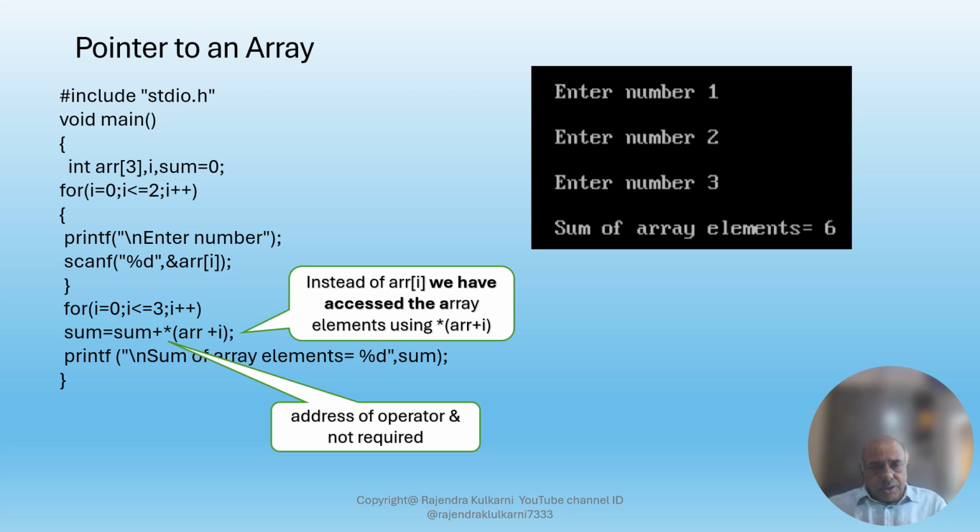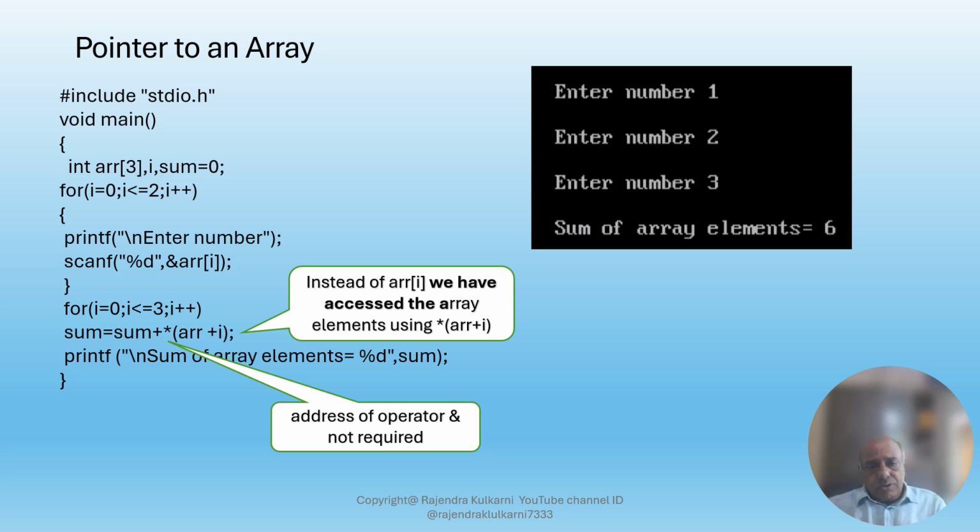Then when i is 1 in the next iteration of the loop, arr is the starting address, it remains the same, to which 1 is added. So the pointer now starts pointing to the next memory location, the first element of the array, element number 1, because 0 is the first element.